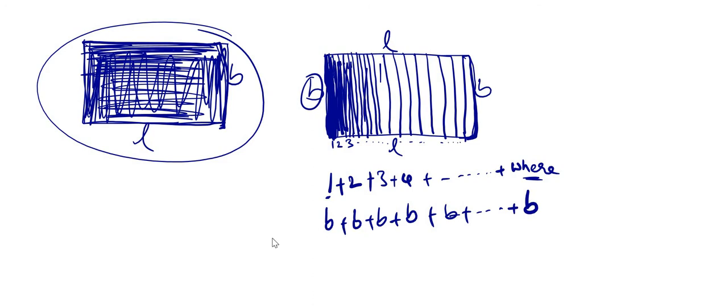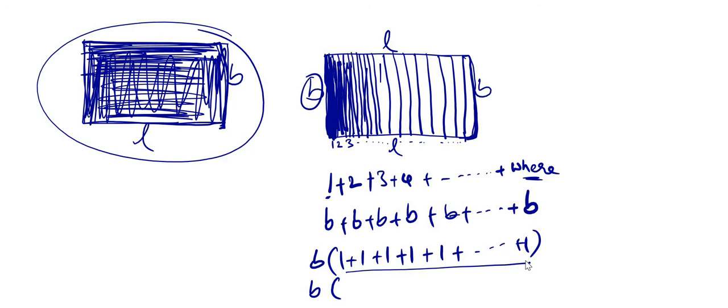Now I'm going to take B as common. If we take B as common, we will get 1 plus 1 plus 1 plus 1 plus 1 and so on, plus 1. Now if you count all of these ones, you will get the length from here to here.